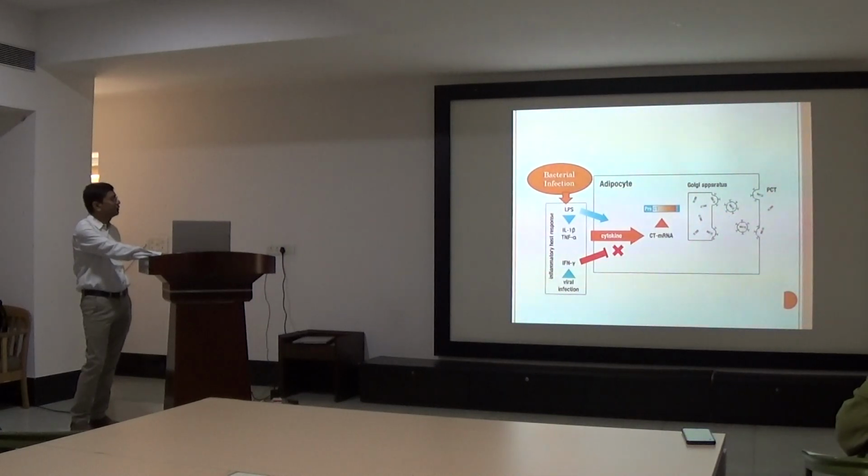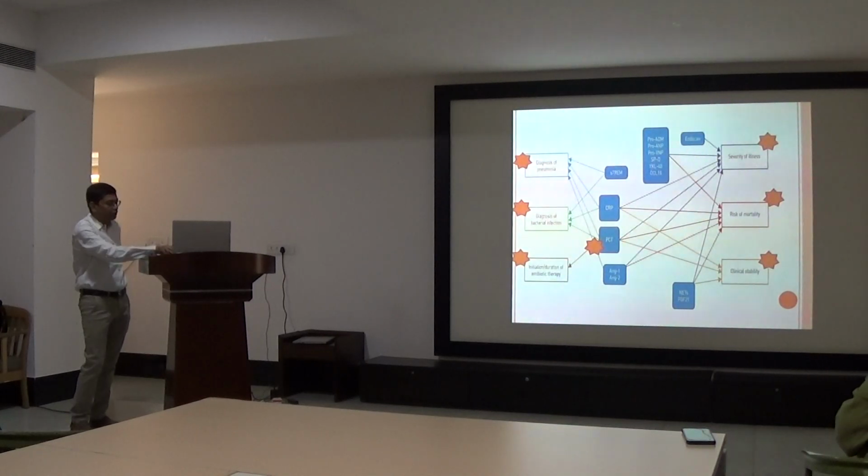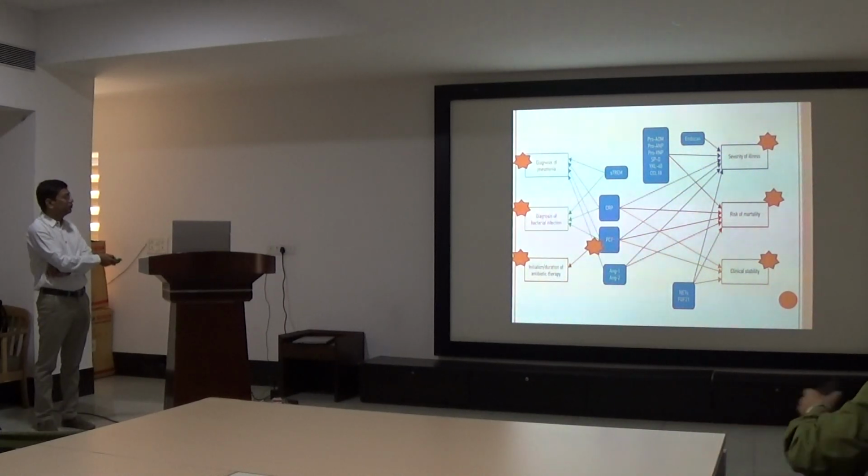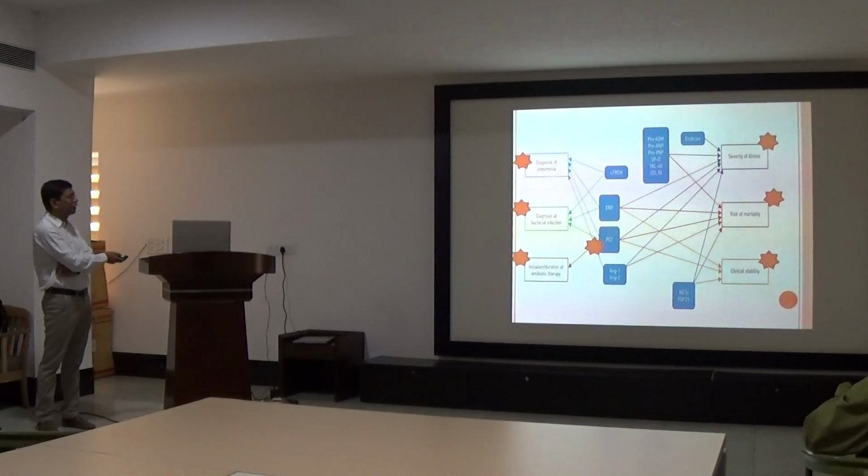So this is the same slide. Bacterial infection, cytokine release of procalcitonin. The beauty of this slide is there are multiple biomarkers in which procalcitonin has all 6 impacts: diagnosis of bacterial infection, duration, initiation, even discontinuation of antibiotic therapy, severity, mortality, and clinical stability.